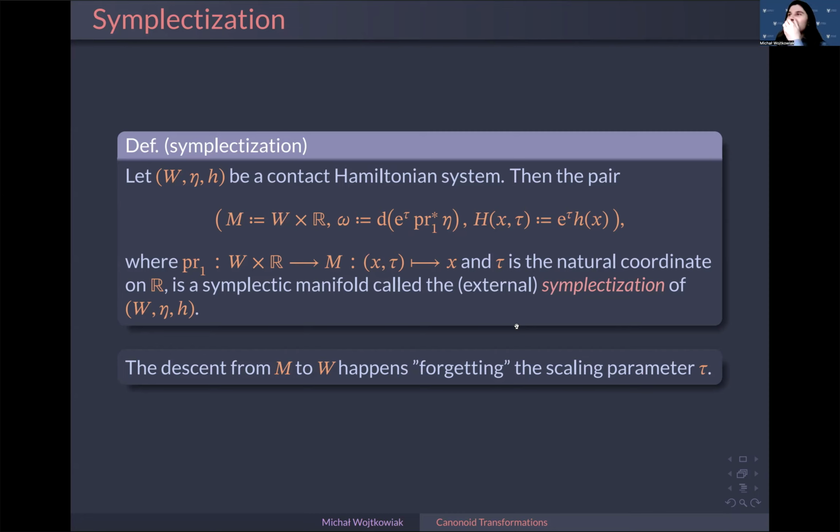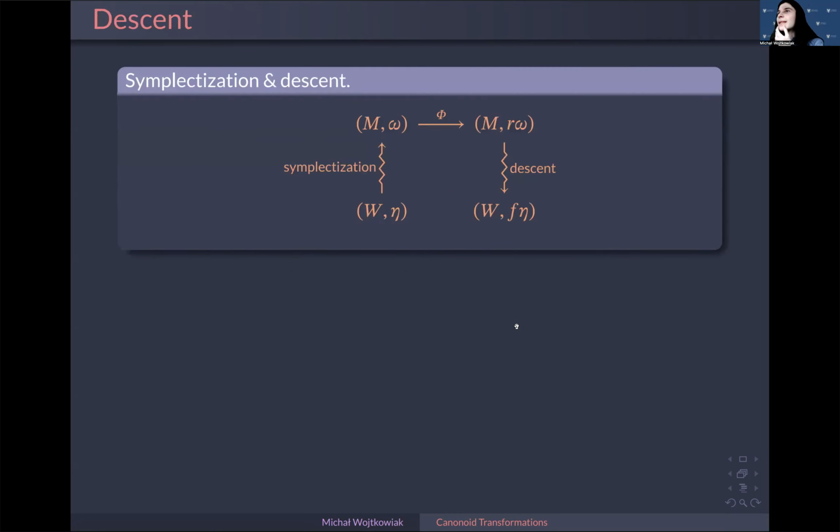the important part is that if we symplectize a contact manifold, and for example, I perform a canonical transformation on that new symplectic manifold, and we descend back to a contact manifold, it's not always the case that we get a manifold related by canonical transformation in the contact regime.